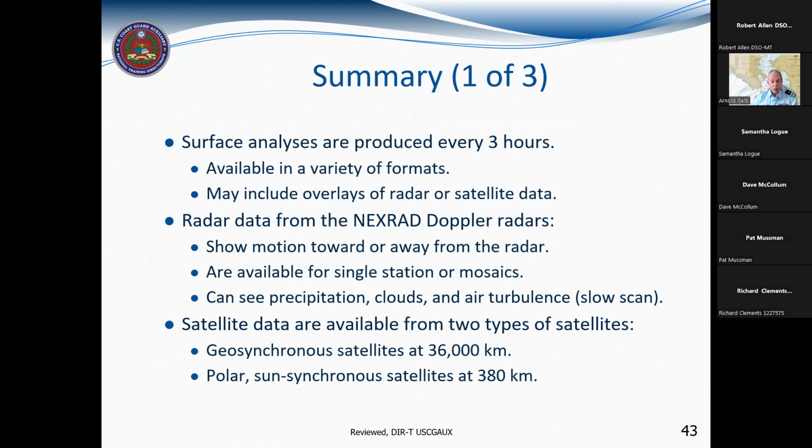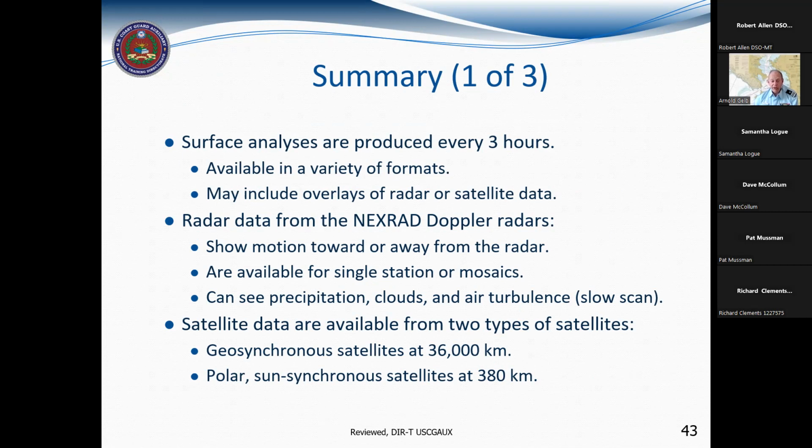These show motion toward or away from the radar based on the Doppler effect. Again, these can be available for either a single station or mosaics of multiple stations, whether regional or national. These can see precipitation, clouds, and, on the slow scan, air turbulence.